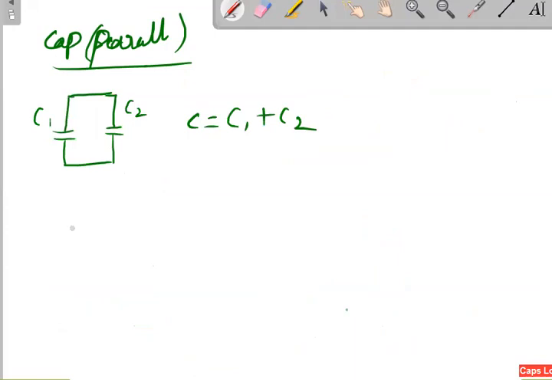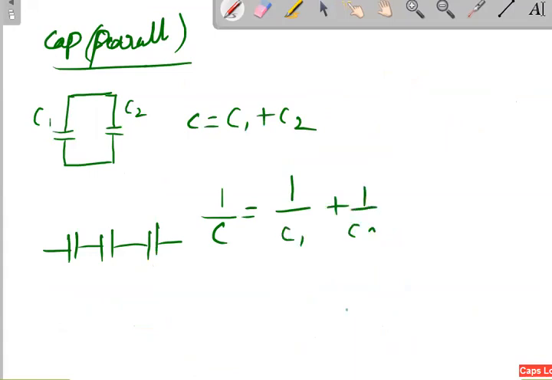If they are connected in series, 1 by C equivalent is equal to 1 by C1 plus 1 by C2 plus 1 by C3, if it is C1, C2 and C3. This is parallel and this is for series. The next question arises: when should we go for parallel combination, and when for series combination?